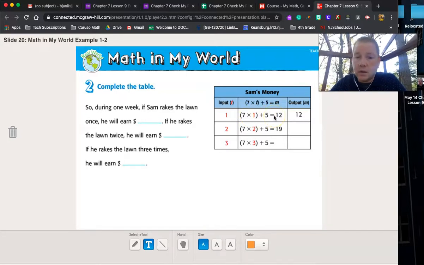All right, so let's look at the next one. If he does it 2 times, the $7 he gets for raking, now he's doing it 2 times, so we're taking 7 times 2 plus 5 equals 19. And then our last one down here, now he's doing it 3 times.